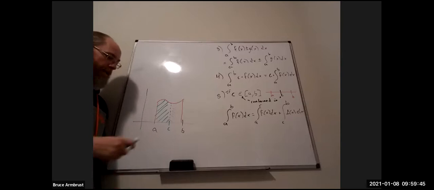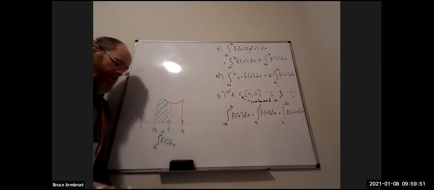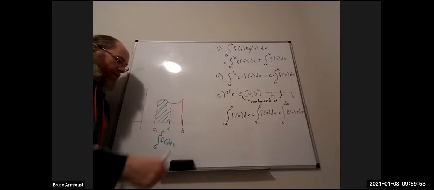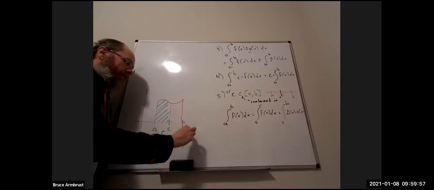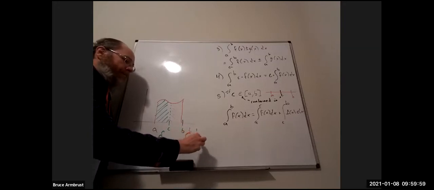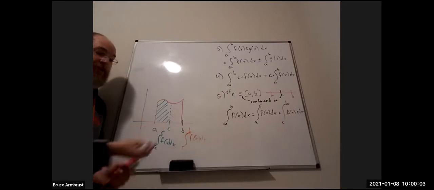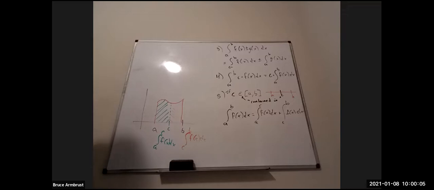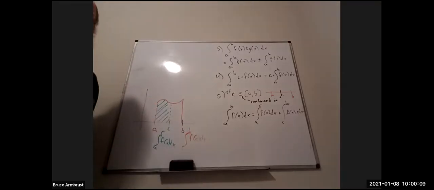The blue one, this is the integral from A to C. The orange one is the integral from C to B. So this is a picture of what's going on there geometrically. We're just splitting it into two chunks.